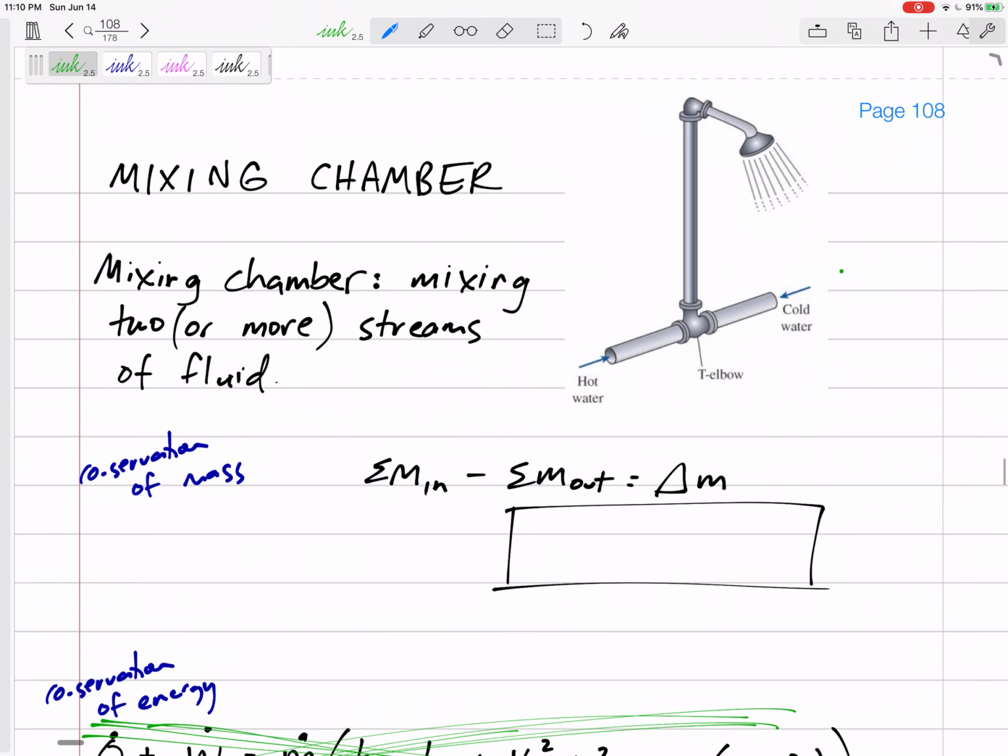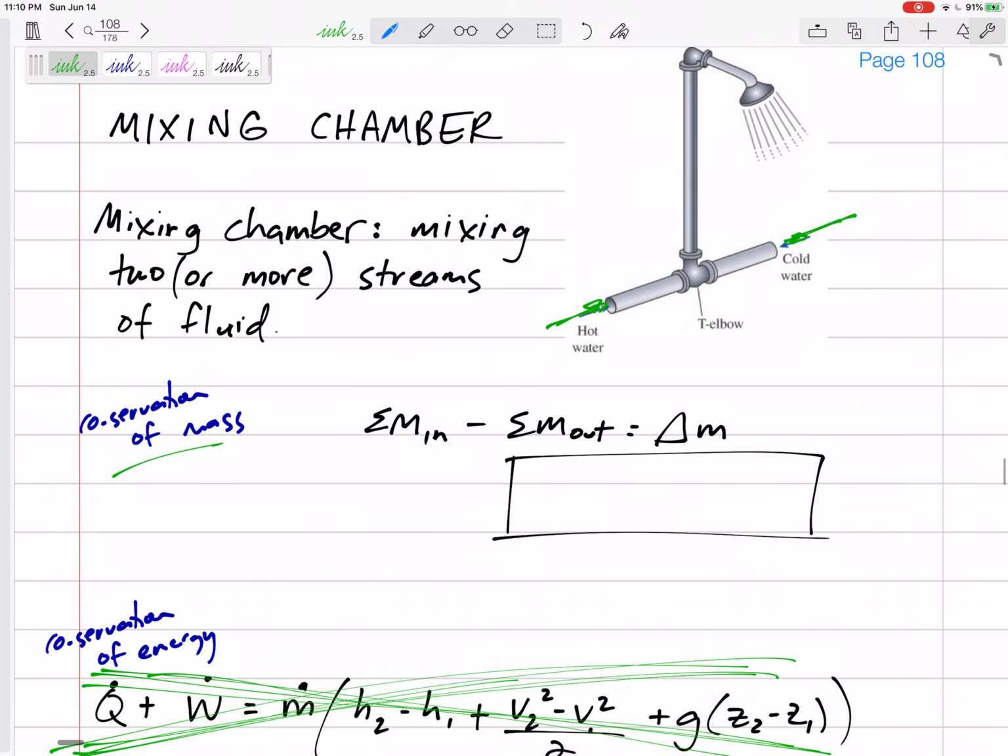But here we might have 2 separate inlets. So we're going to need our conservation of mass equation. If this is a steady flow device, there's no change in mass. The sigma m in equals sigma m out.